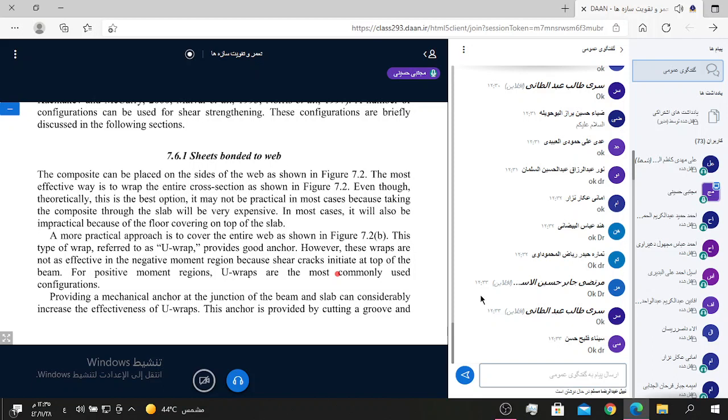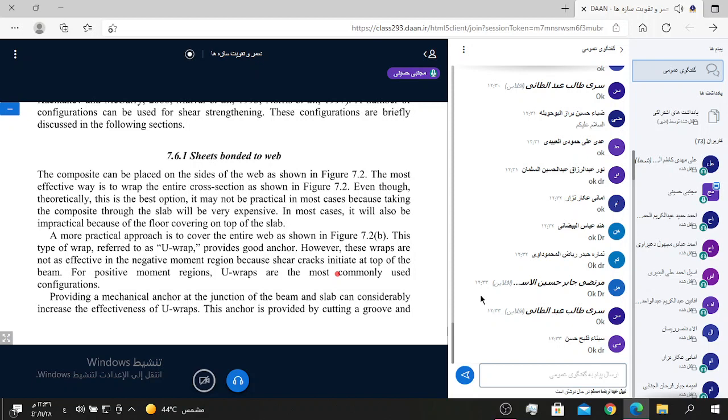A more practical approach is to cover the beam as shown in the figure, when this type of wrap is referred to as a U wrap. It provides good anchorage, okay, this is very important.